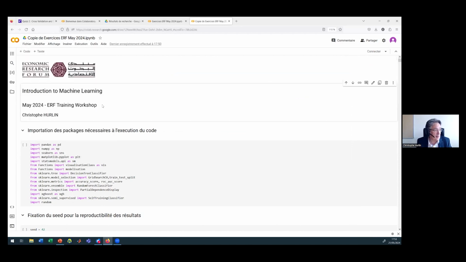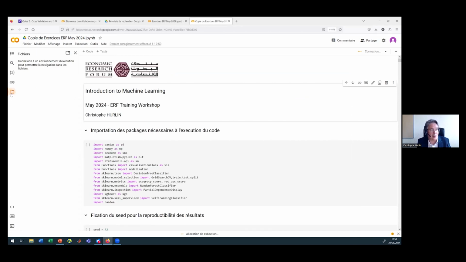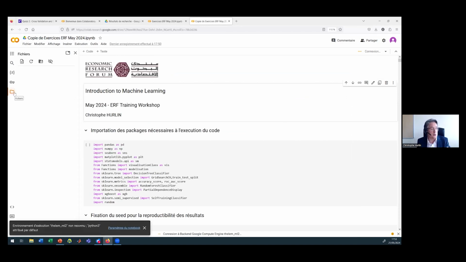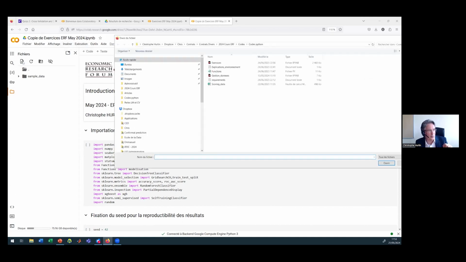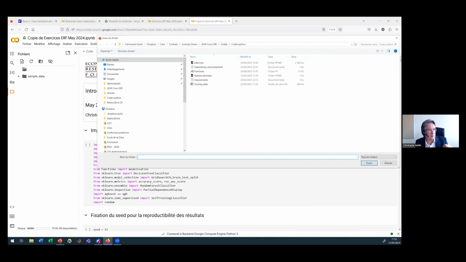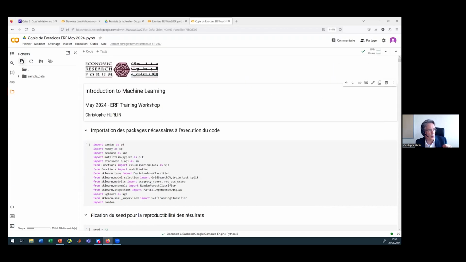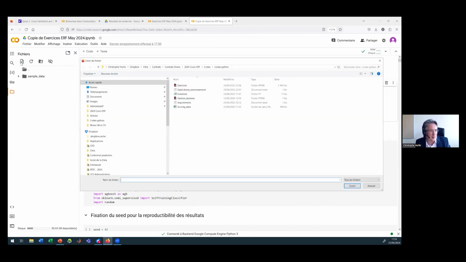And then the second step will consist of importing the data. To import the data, you have to click on the file button on the left, and then upload two files. To upload a file, you have an icon here to upload your file to the workspace.